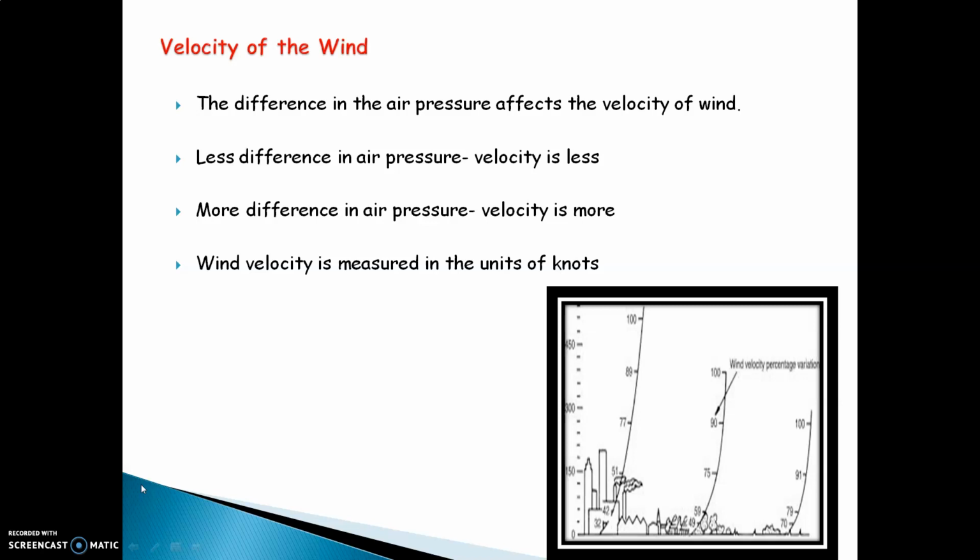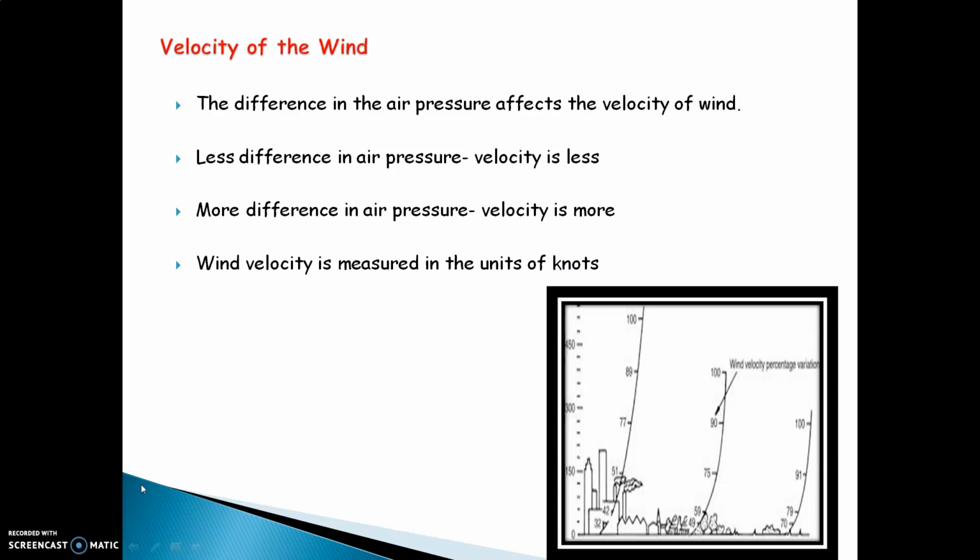Velocity means speed. More difference in air pressure, velocity is more. All the areas where the air moves in a more speedy, more pressurized way, in a horizontal position, have more velocity of wind. That means the speed of the wind is more.